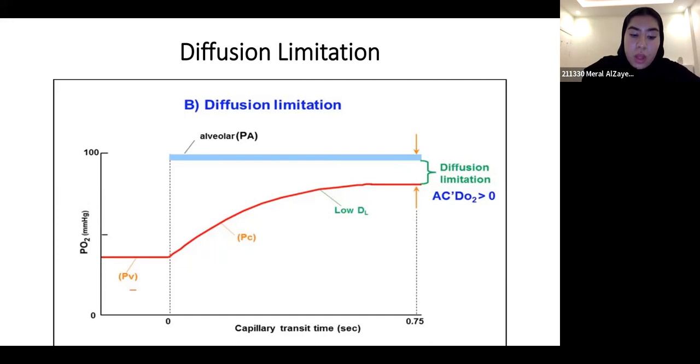So in the normal situation, let's say this red line reaches this blue line. So the arterial PO2 reaches the alveolar PO2, and when this happens, the difference, or the ACDO2, would be 0.